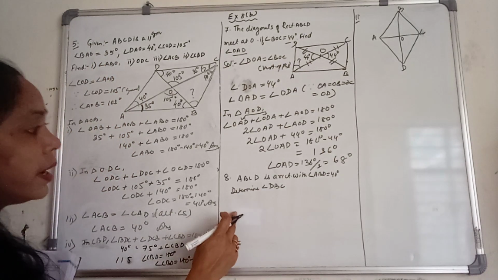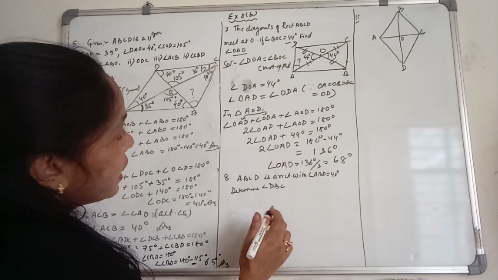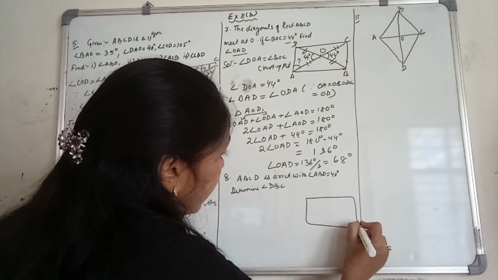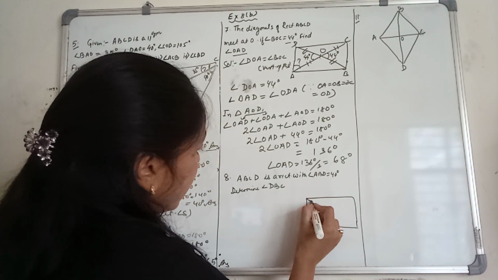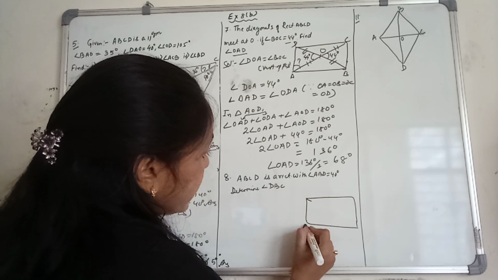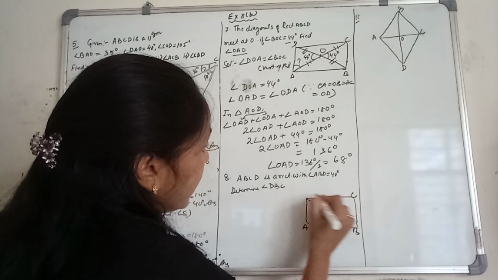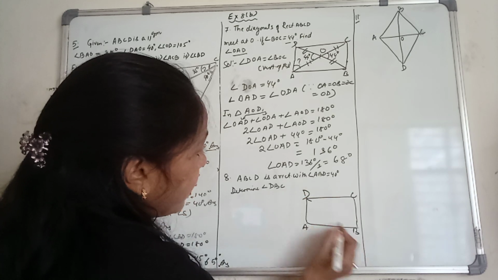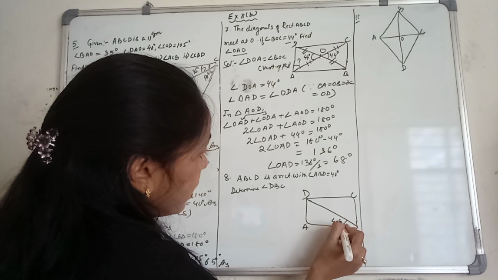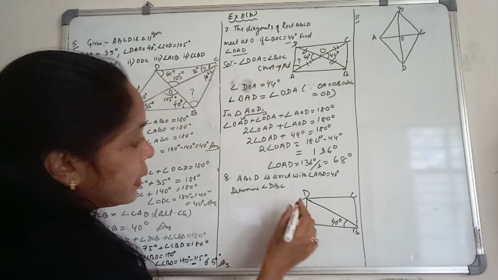Now see question number 8. In question number 8, again one rectangle is given, ABCD. Angle ABD is given as 40 degree, and you have to find angle DBC.